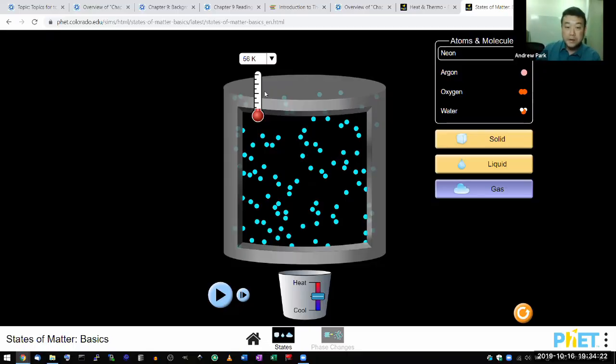So with the gas phase of matter, these gas molecules or atoms interact very rarely, or relatively rarely compared to liquid and solid, with other molecules. That's what makes gases simpler.